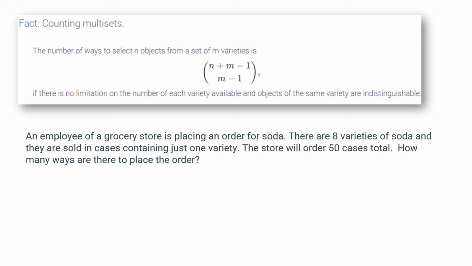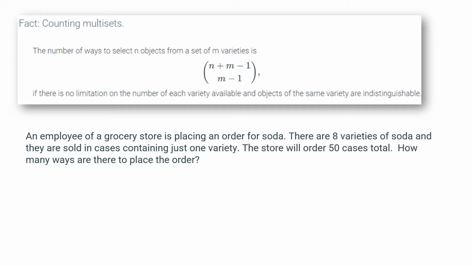So let's see if we can think about this. How many digits would we need in our code word? We'd need 50 digits that represent the zeros for how many of each variety, so we'll need 50 zeros in there. But how many ones will be in there? Well, it's the number of varieties minus 1, so it would be 7 in this case. So altogether, we're going to have 57 digits, and then we're going to choose some of those to have 1s in them.